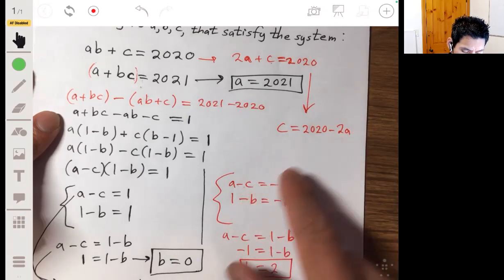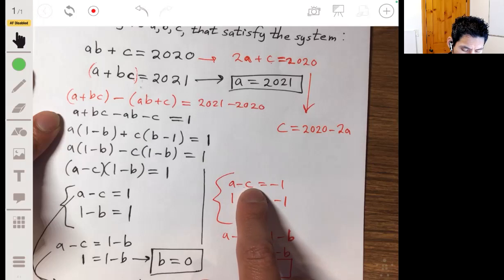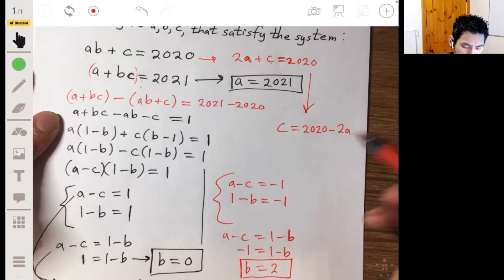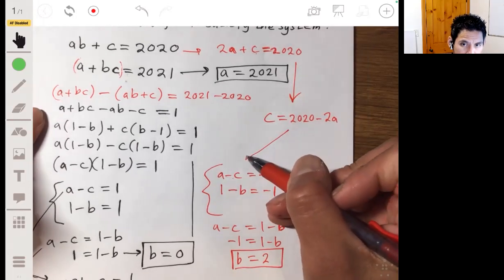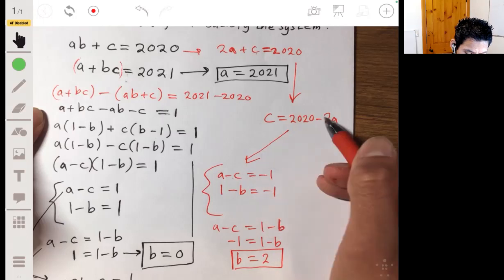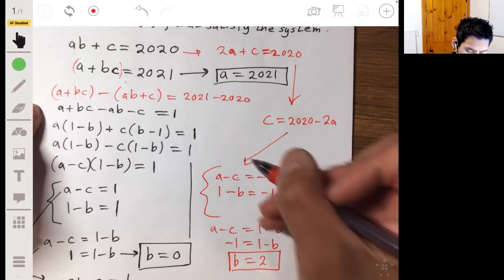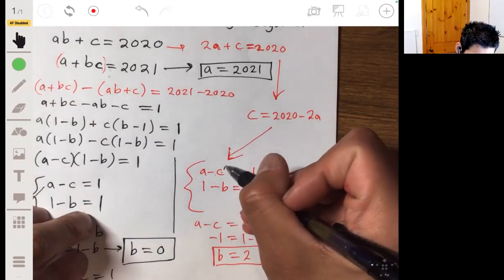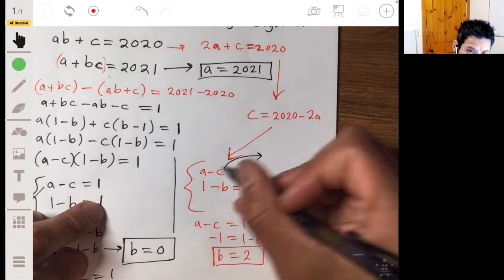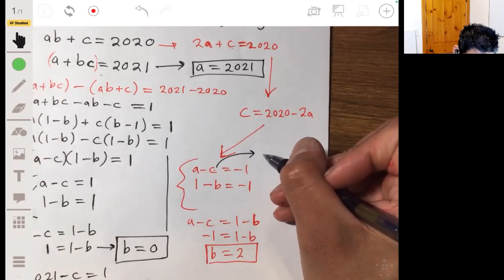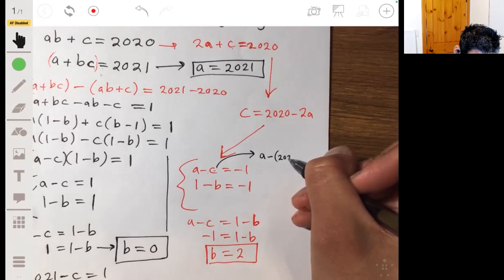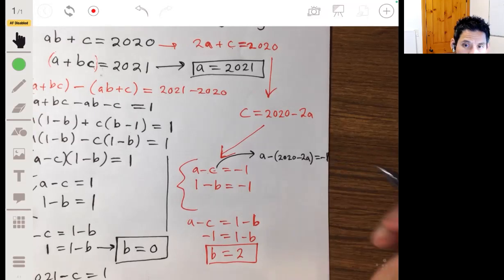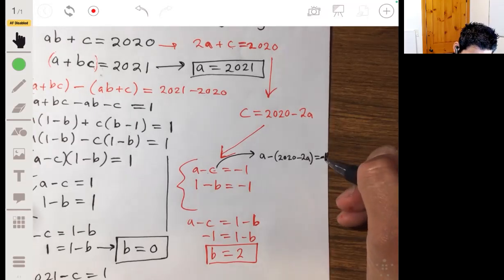And then we can solve for c or a and finish our problem up. Let's plug the 2020 minus 2a into here. So we'll get a minus 2020 minus 2a is equal to -1.